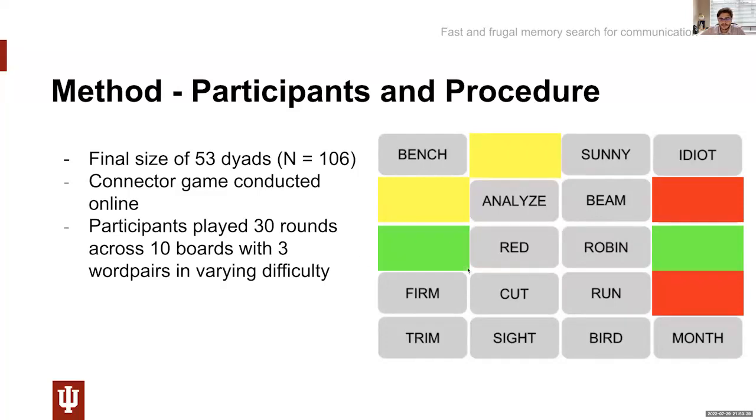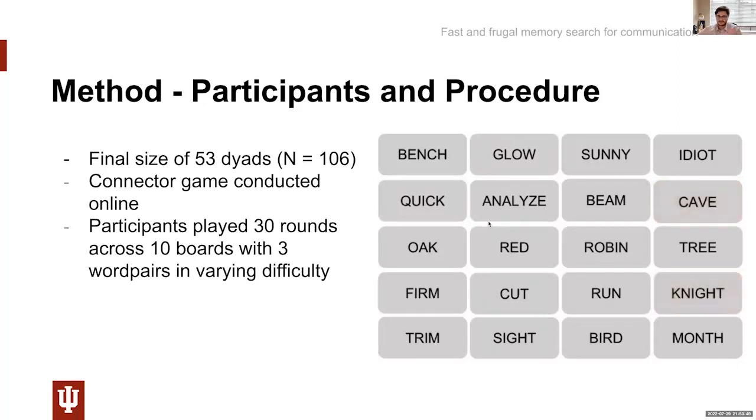Green is easy, yellow is medium, and red would be hard. In this case, the green easy word pair would be oak and tree, since they're not too semantically different. The quick and glow were the medium, and cave and night ended up being the hard word pair.